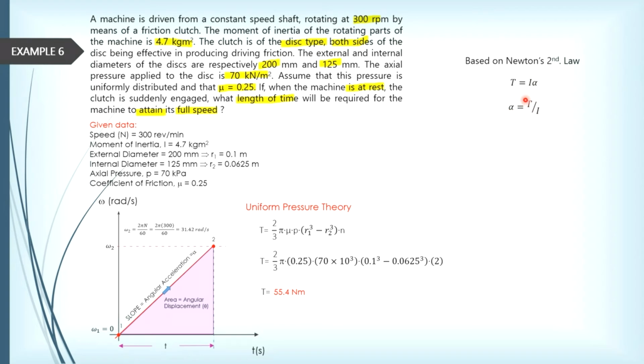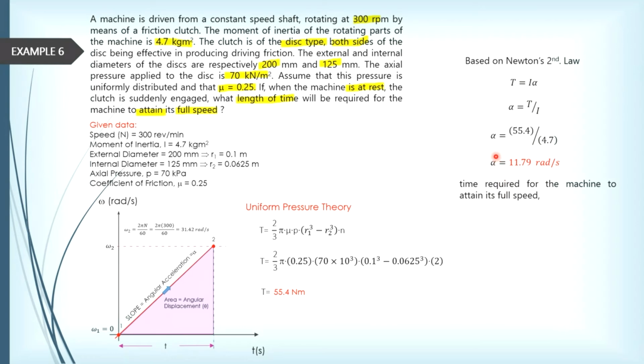Changing alpha to be the subject, you will have T over I. So you have 55.4 divided by 4.7, which is given in the question. So you will be able to find the angular acceleration of the machine or the clutch. It's 11.79 radians per second squared.